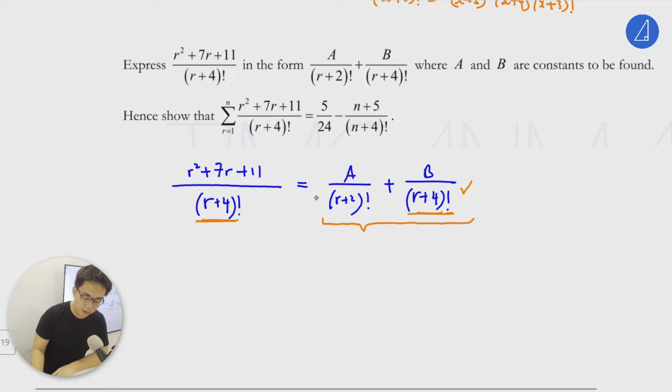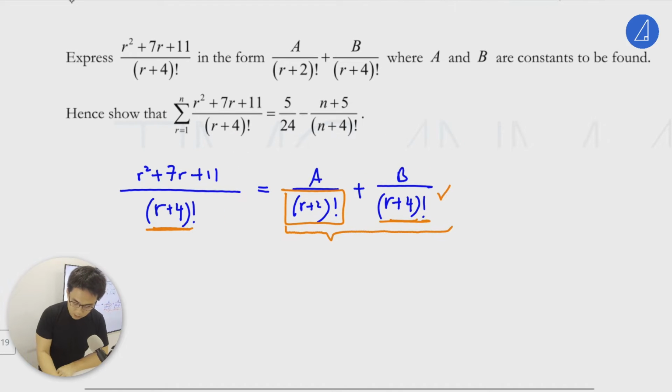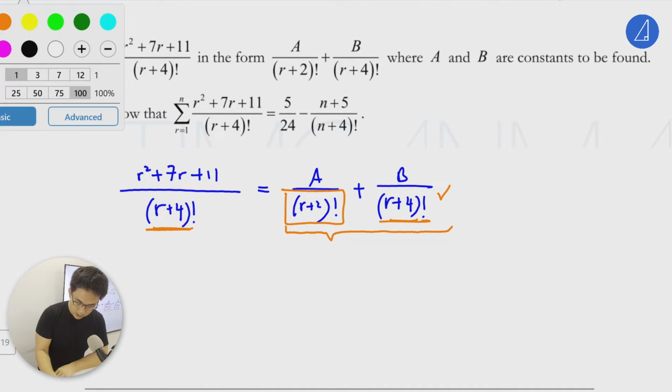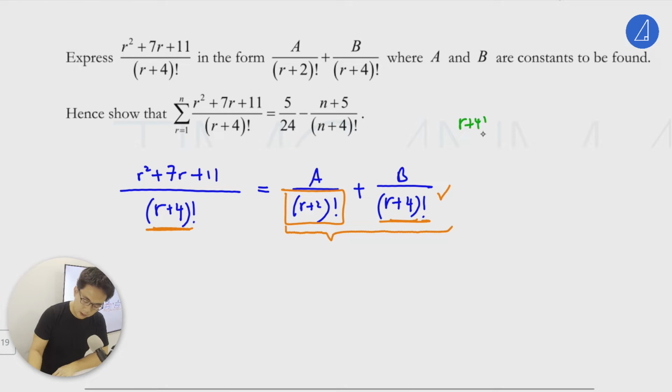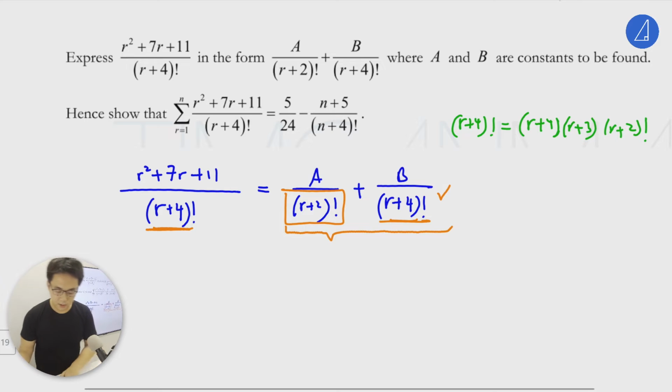What we have left is this r plus 2 factorial, which we need to change to r plus 4 factorial. So remember, we take r plus 4 factorial and expand down, so minus 1 will be r plus 3, then r plus 2 factorial here.